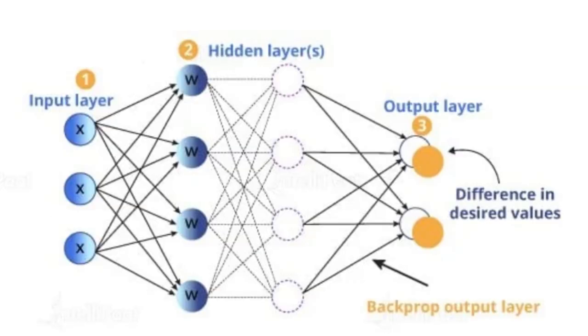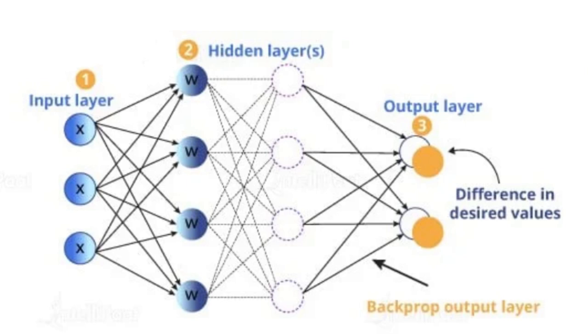This is another type. Forward propagation and backpropagation are the two primary stages of training a feed-forward neural network with backpropagation. Forward propagation involves feeding input data into the network, which then calculates outputs.